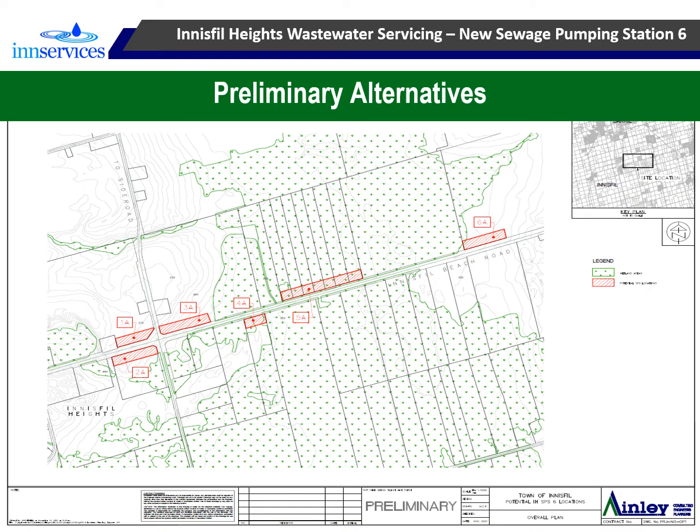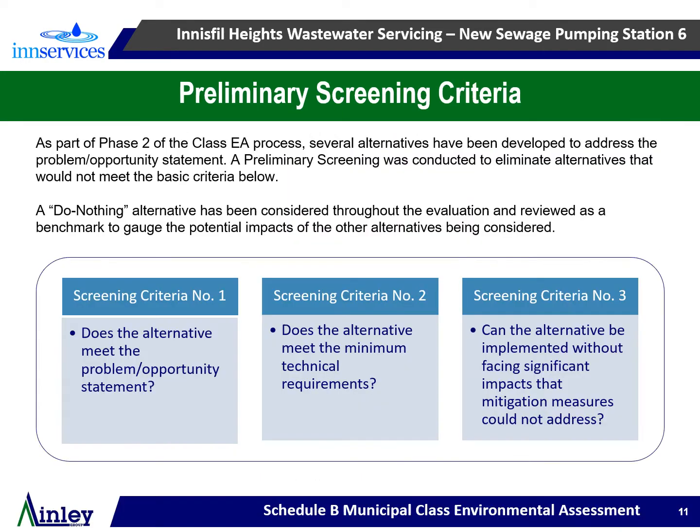This figure presents the preliminary alternatives that were developed as a part of this study to address the problem opportunity statement. 6 locations were considered along Innisfil Beach Road. A preliminary screening was completed to eliminate alternatives that would not meet basic criteria as follows. 1. Does the alternative meet the problem or opportunity statement? 2.